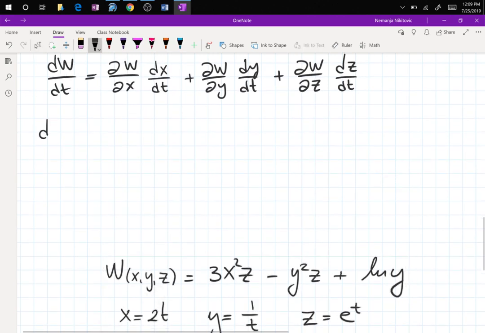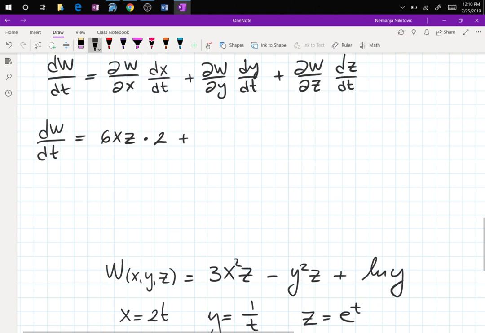So what is dw dt equal to? Well, partial of w in respect to x. X is a variable, the rest is a constant, so 6xz. The derivative of x squared is 2x, so 6xz. There is no x term here, there is no x term here, so those are all zeros. And that needs to be multiplied by the derivative of x in respect to t, which is just a 2.